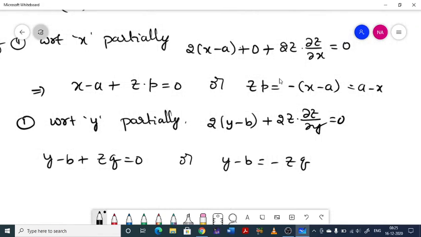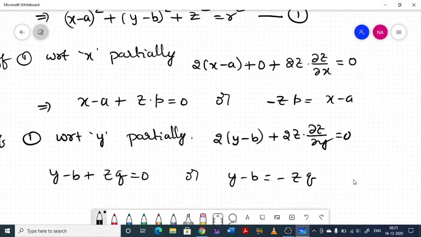Also we can write minus zp equal to x minus a.